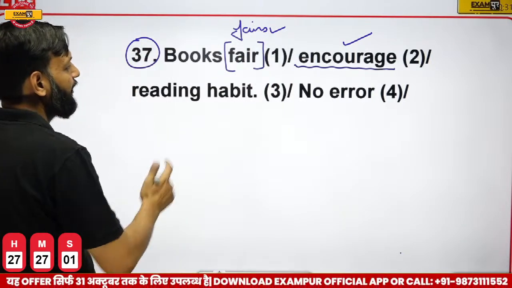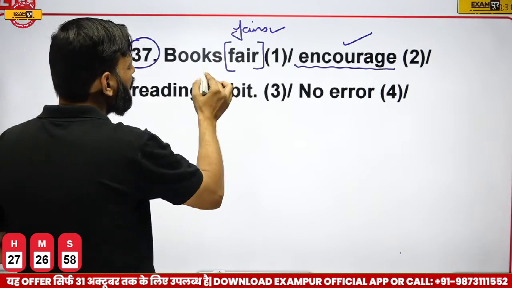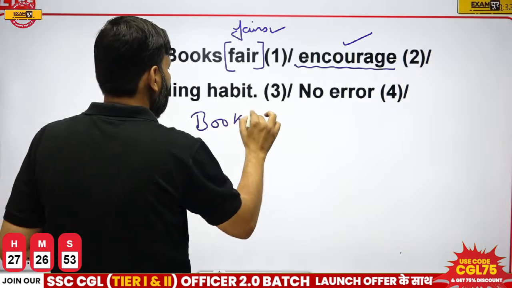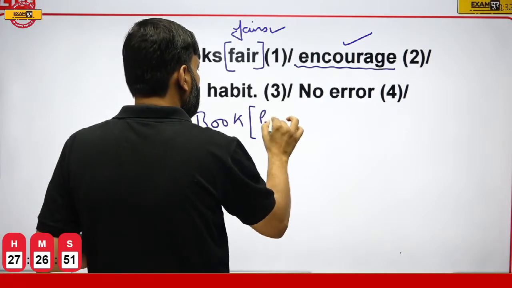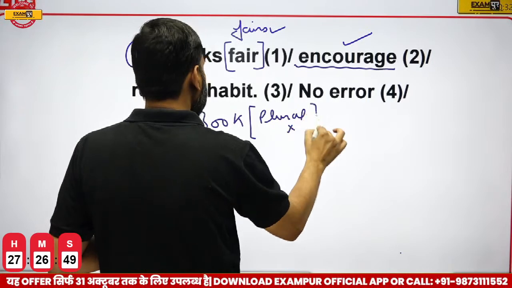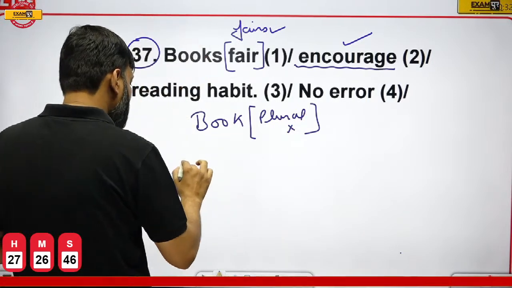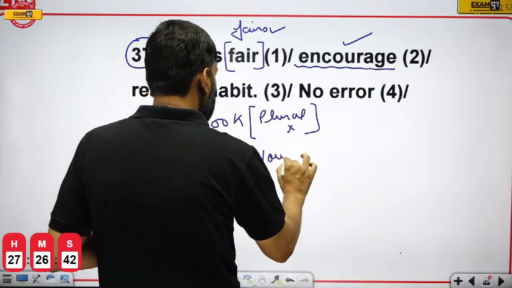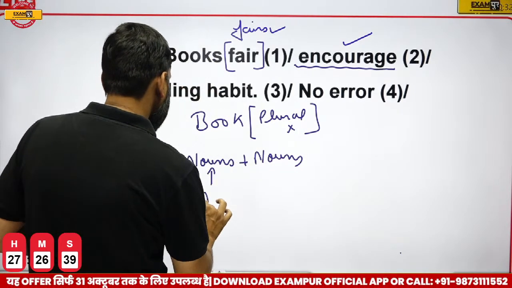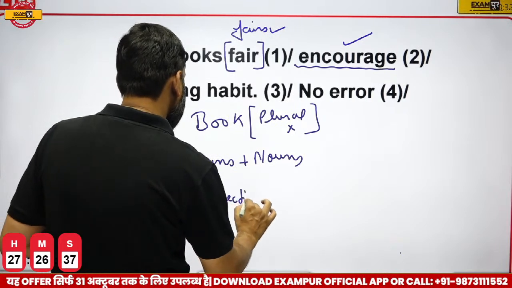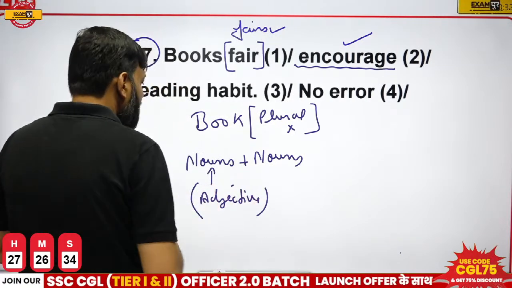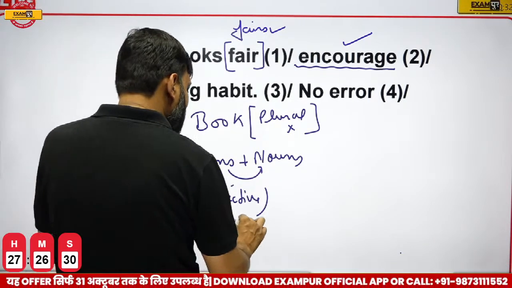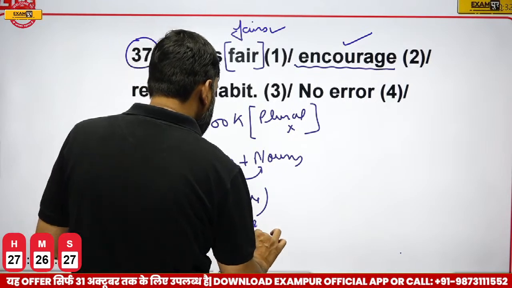Books, fair. This book cannot be plural, because when we use two nouns together, the first noun is actually an adjective. I am very sorry that I explained it the wrong way. That's why it cannot be plural.